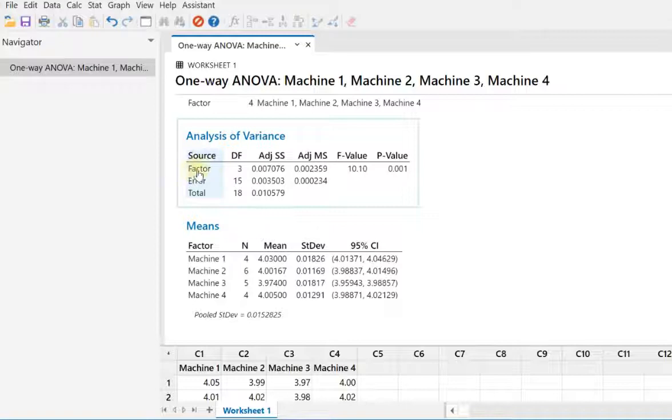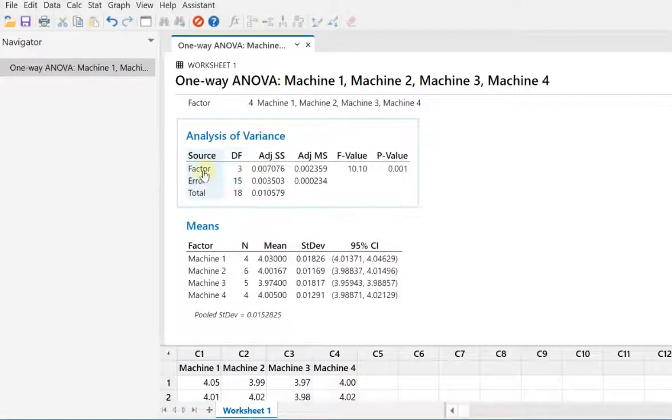Remember, treatment is factor also. So this is the between in our language. This is our between sum of squares, the source of variability between the groups. And the error is the within the groups, which we assume to be equal.